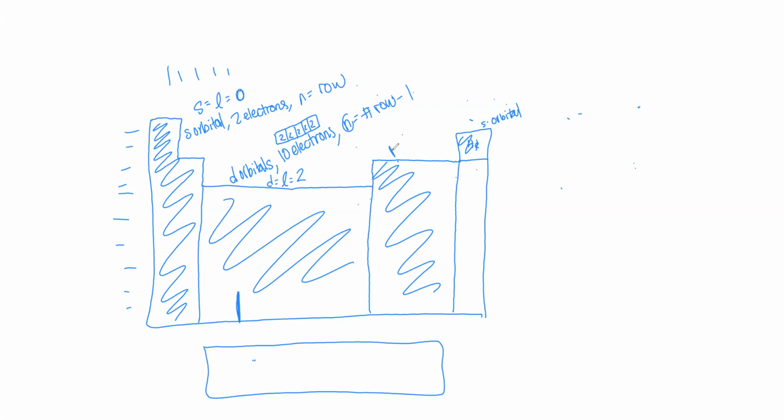So now we have the p orbitals, which are over here. And those are always going to hold 6 electrons. They're going to have 3 subshells, and then 2 in each, so you understand that. And then this one's going to be s orbital, and these right here are noble gases.